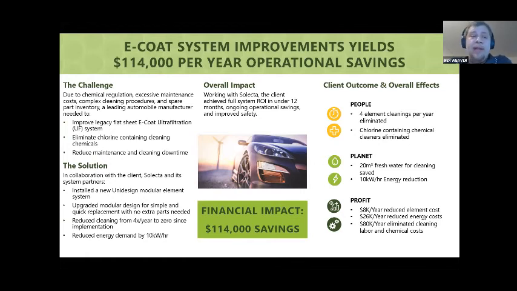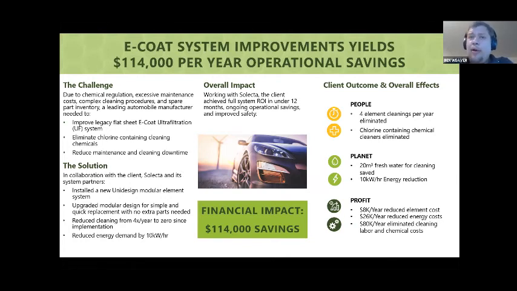In Europe, they want to reduce the chemicals and specifically reduce any chlorine that's used in the process. So once again, in collaboration with the client, we installed the unit design modular system to replace the legacy flat sheet system. And in doing this, we completely eliminated their need for chemical cleaning.